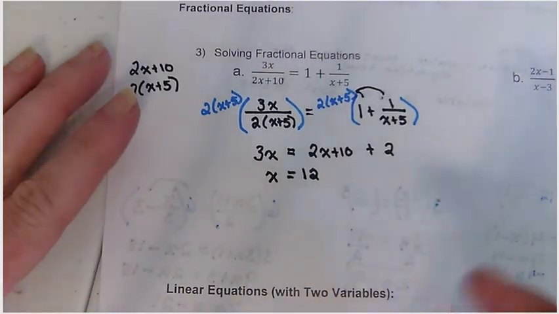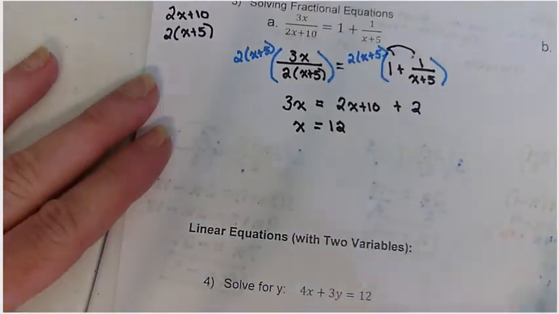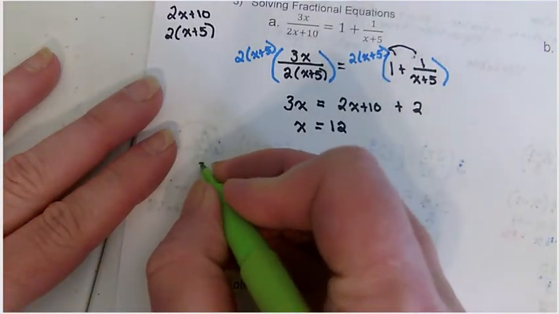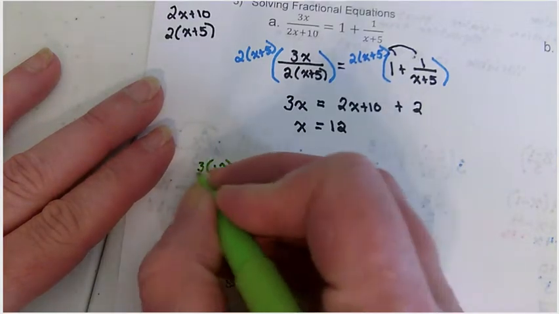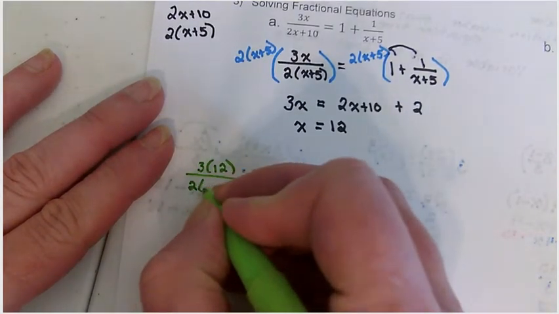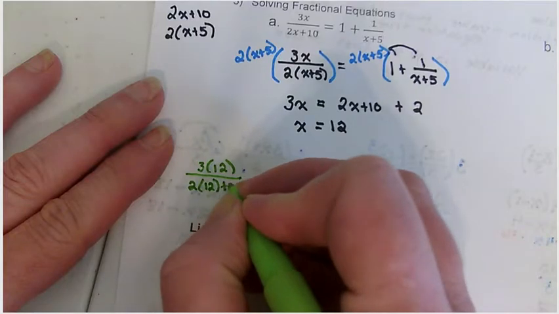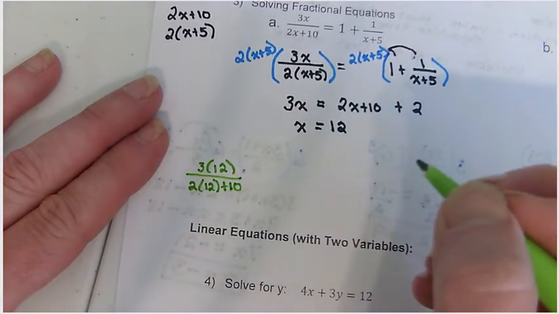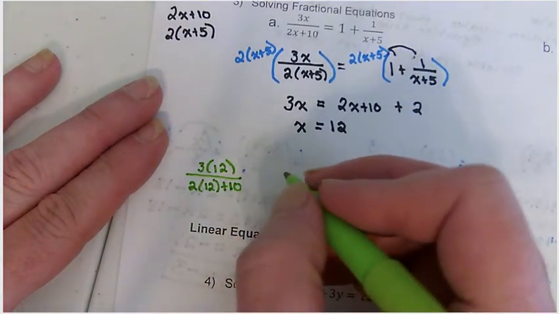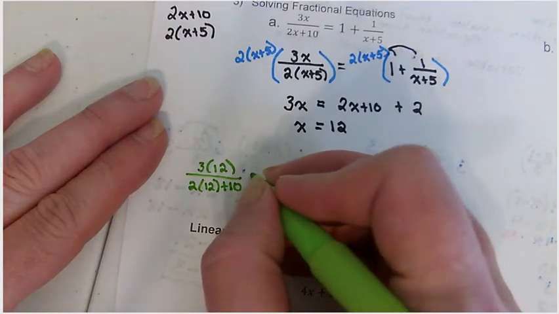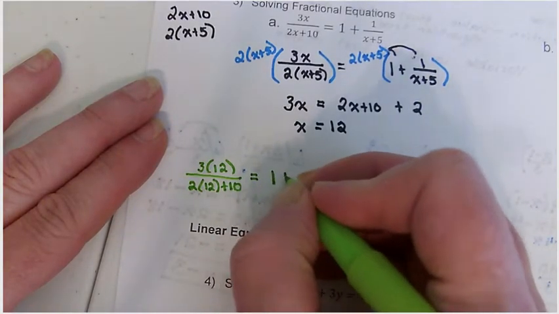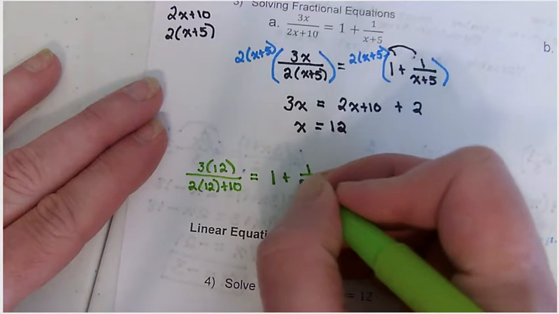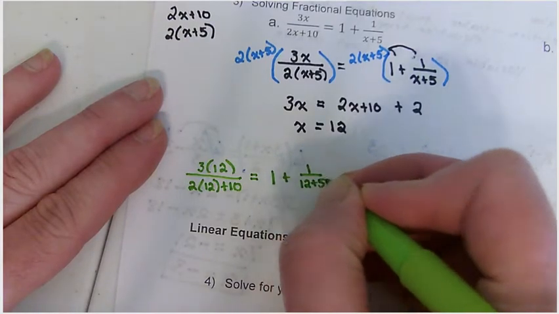When I plug it into the first one, let's see. So I got 3 times 12 over 2 times 12 plus 10. And then on the other side, that's 1 plus 1 over 12 plus 5.